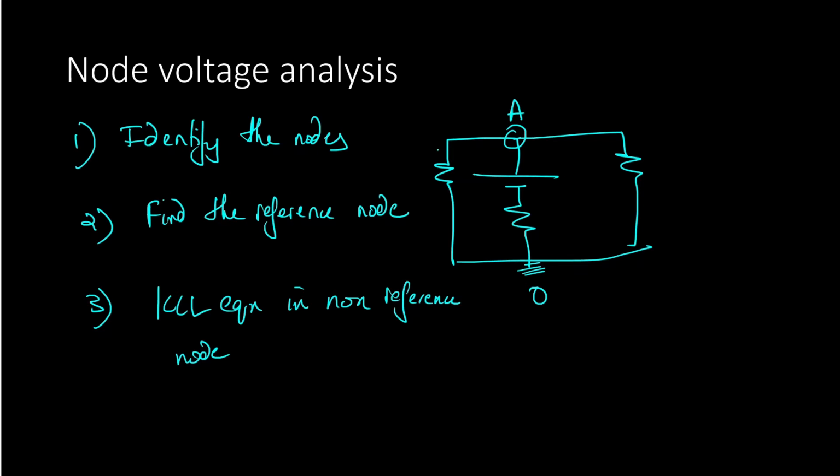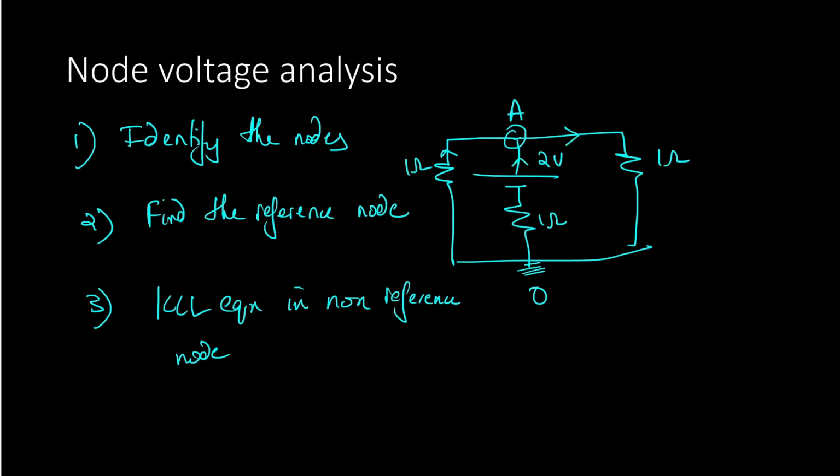Let's take some values. Let's consider all the resistances to be 1 ohm each and the voltage source to be 2 volts. What are the currents being pushed into this node? This current is being pushed into A, this is also being pushed in, and this is exiting.